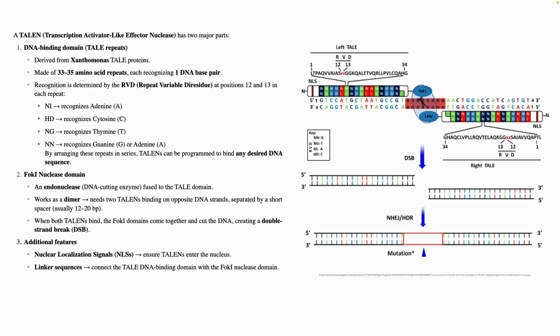These TALs are further fused with an endonuclease, which is FokI endonuclease. Once the entire structure is formed and the DNA binding domain binds the DNA target site, FokI cleaves and leads to a double stranded break in the DNA.